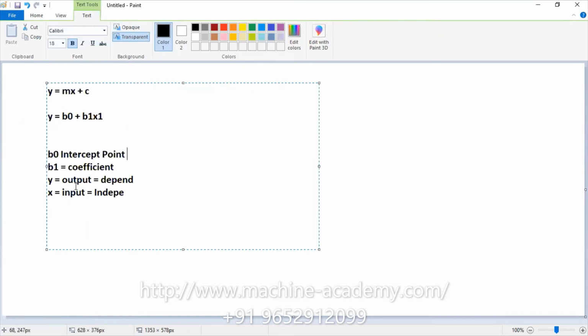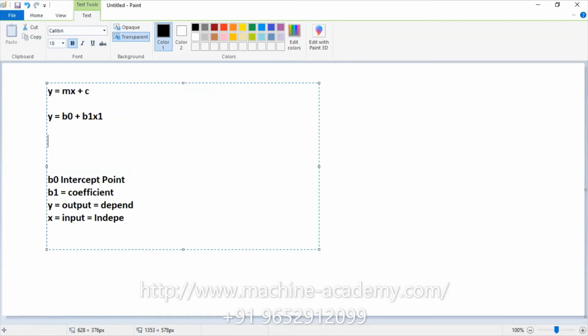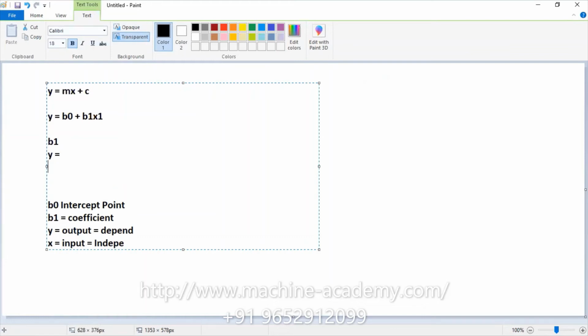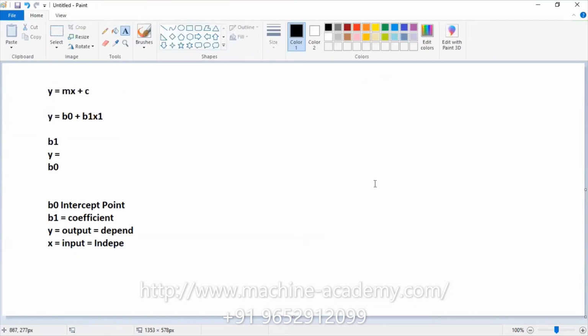Based on the requirement, sometimes we identify the coefficient, sometimes the salary, meaning the output variable. X we never identify, because based on the input data we need to identify B1, Y or B naught, based on our requirement.